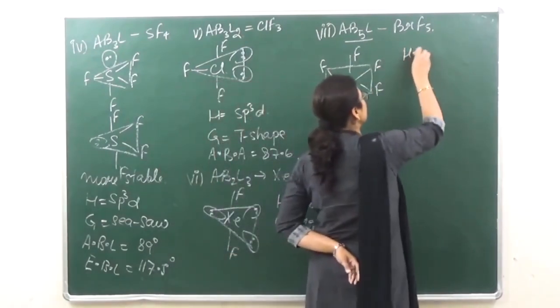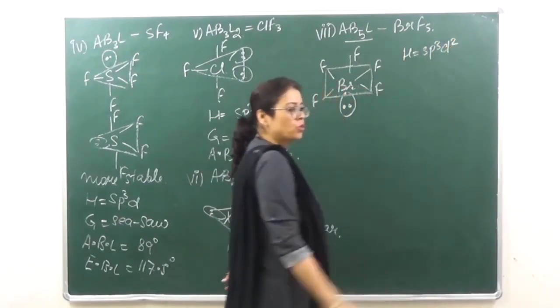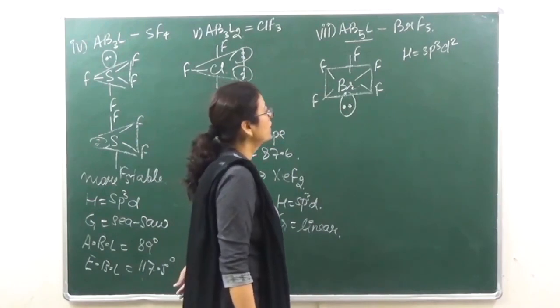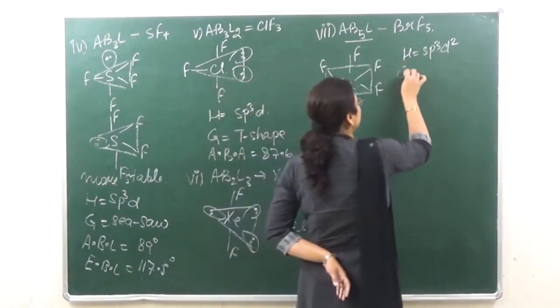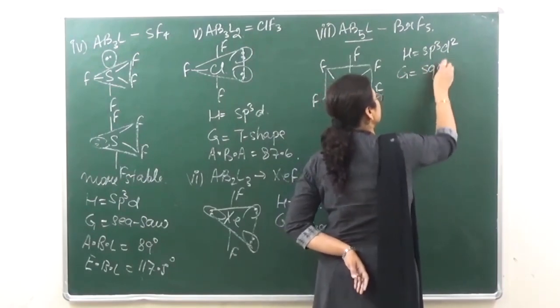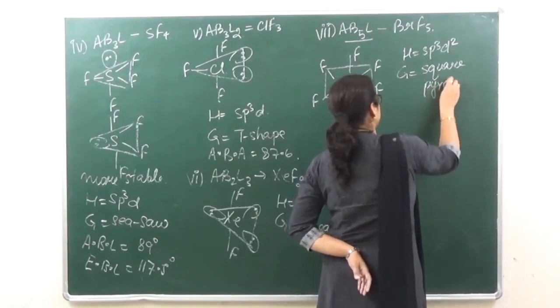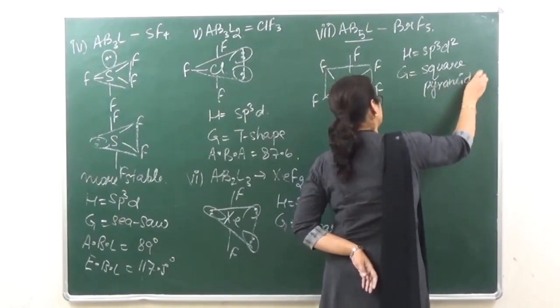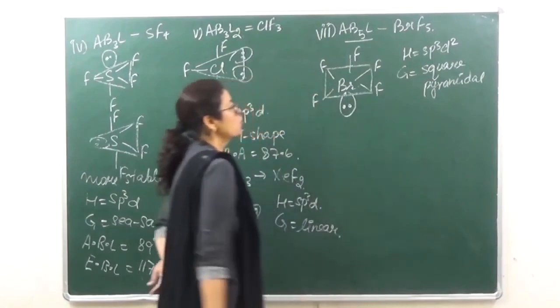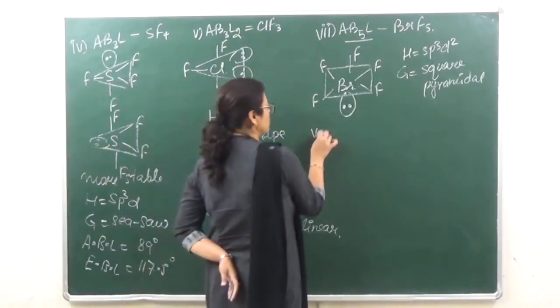Hybridization, sp3d2, okay, and the geometry is square pyramidal.